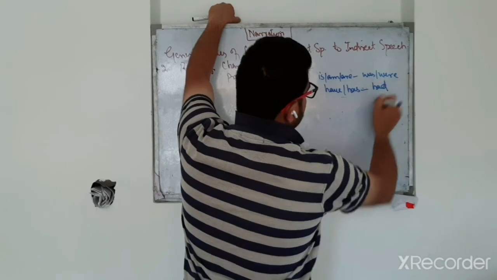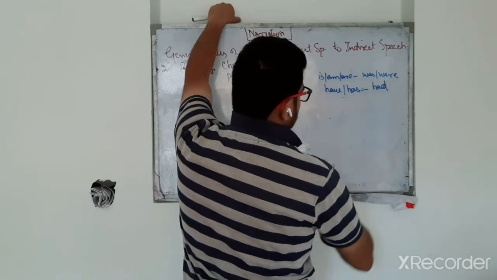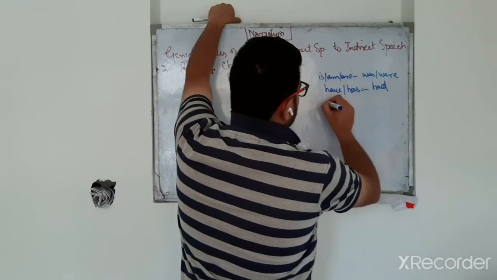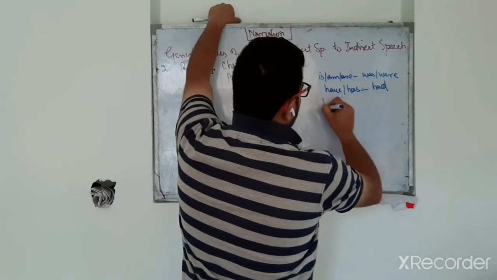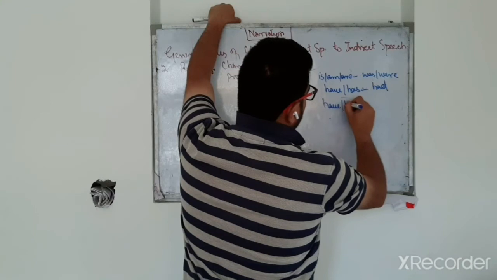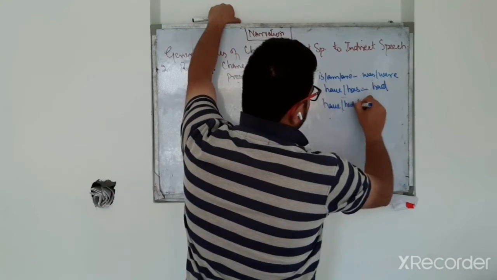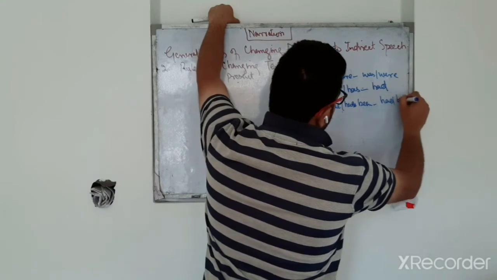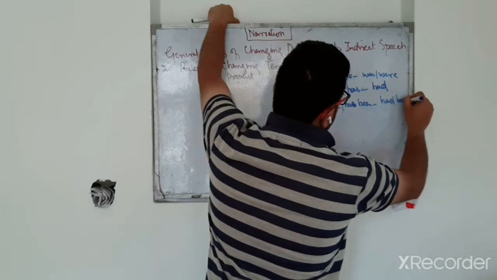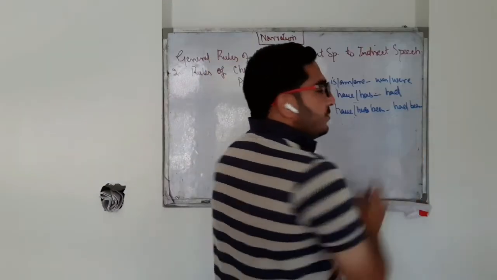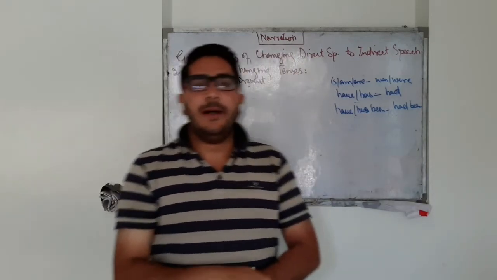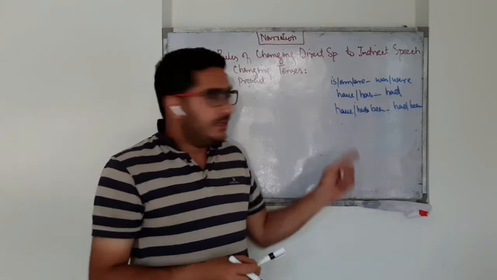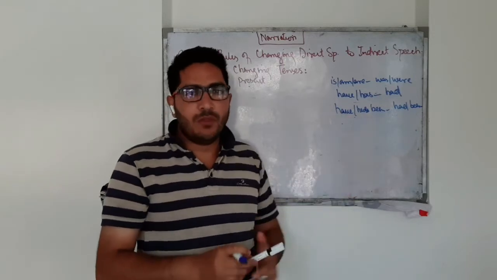Have, has becomes had. Have been, has been will become had been. So these are the changes that take place in tenses and in verb forms.